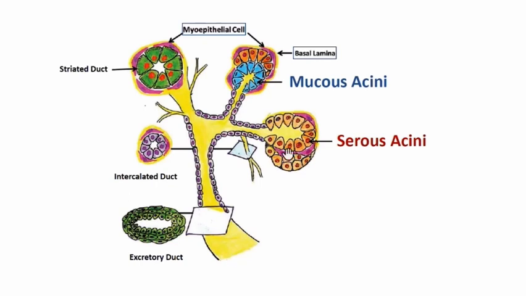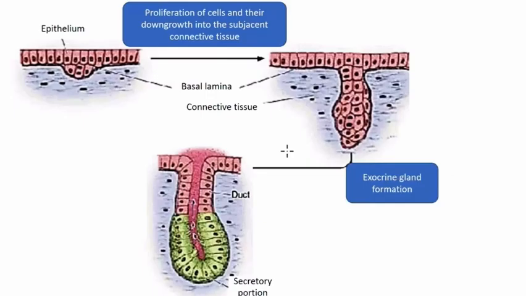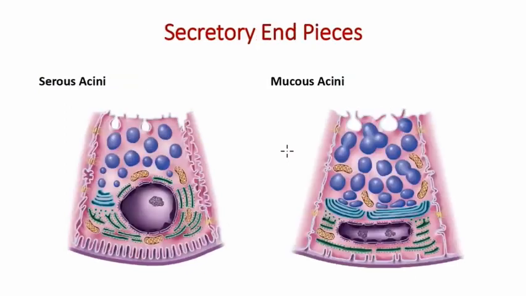Let's start with serous. Serous cells are generally pyramidal in shape, with a broad base resting on the basal lamina, a narrow apical surface, and short irregular villi facing the lumen. They exhibit characteristics of polarized protein secreting cells.